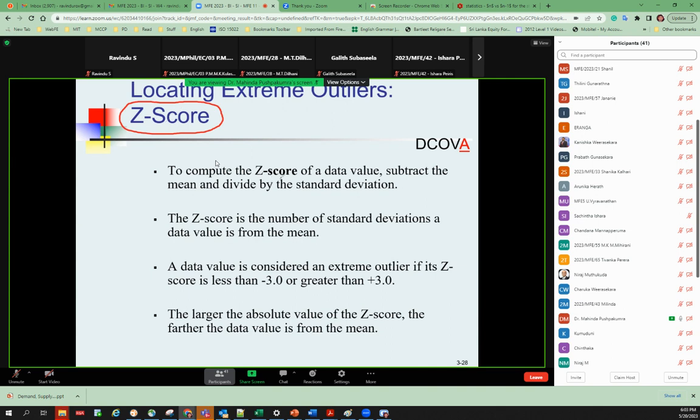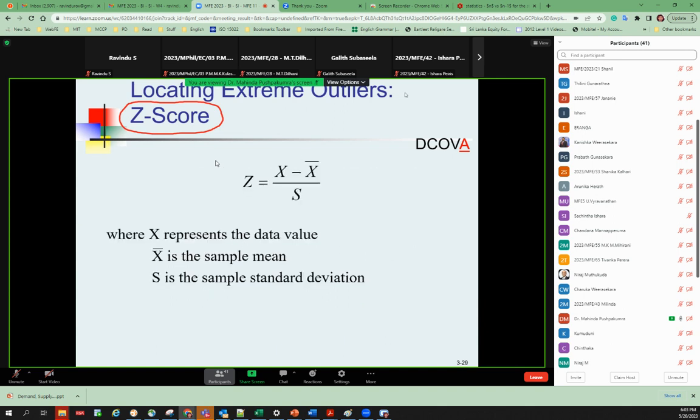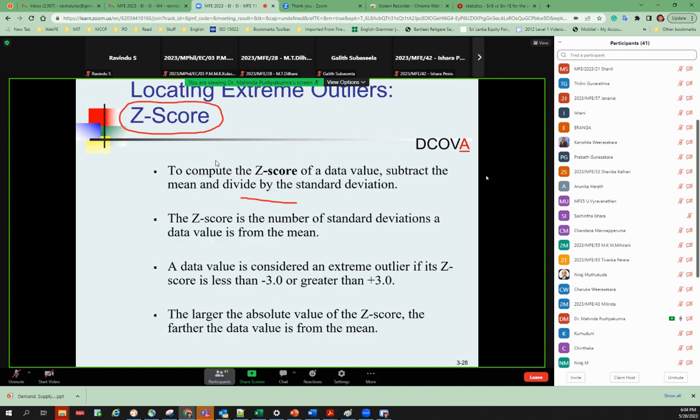To compute the Z-score of a data value, we subtract the mean and divide by the standard deviation. This is the formula for Z-score: X minus X bar divided by standard deviation, where X represents the data value. Then how can we identify outliers based on Z-score?